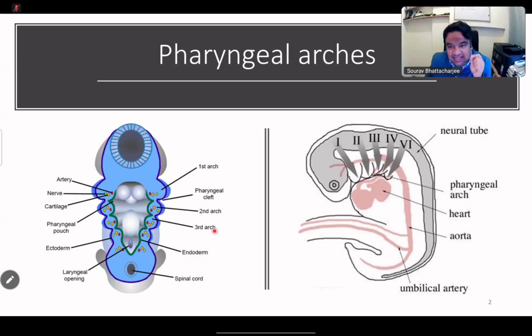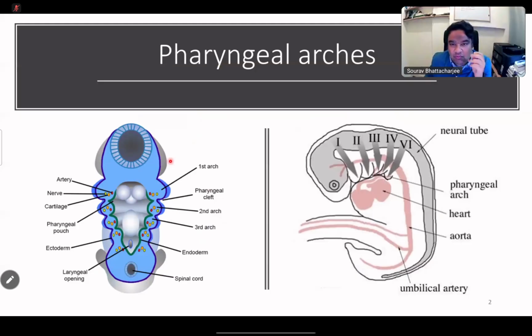Now, out of these 6 pharyngeal arches, the number 5 usually digresses, so it disappears. Disappearance is not probably a perfectly good word, but it definitely digresses. It doesn't exist as such in adult animals. We still don't know why. It is one of the fallacies that the 5th pharyngeal arch basically does not develop, it digresses.